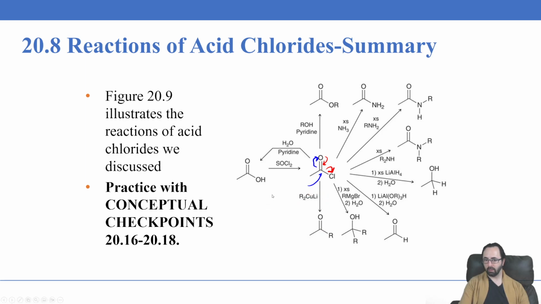And finally, if you want to regenerate your carboxylic acid from your acid chloride, you simply need to react with water to change the chloro group here to an alcohol group. Remember, you're going to need a base to ultimately deprotonate that neutral nucleophile water that attacked. And if you want to take the carboxylic acid and return it to an acid chloride, you would use SOCl2. And that's going to conclude our lecture here for this week.